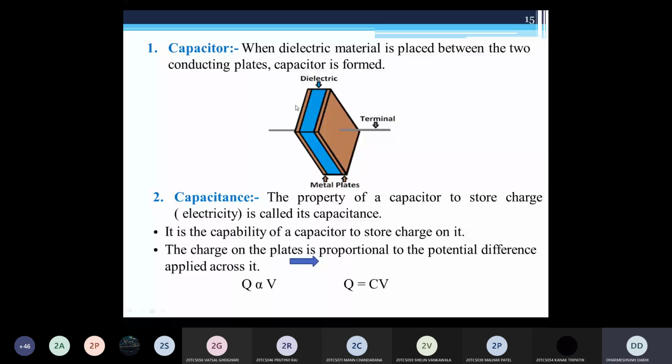Suppose the potential difference across the plate is V, so the amount of charge is directly proportional to this voltage, and its constant is C, that is nothing but the capacitance. So C is equal to what? Q by V. Q is the charge on the plate of this capacitor, and V is the potential difference across the two plates. So that is all about capacitance and capacitor.